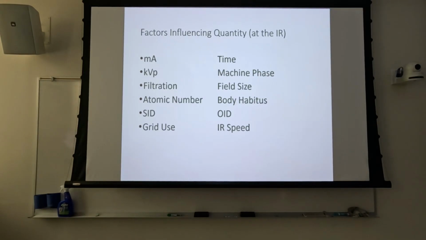So the thing with kVp and grid use is that grids absorb scatter radiation and higher kVp causes you to emit more scatter radiation, so as kVp goes up, the grids have more scatter to absorb, and therefore they become more efficient.